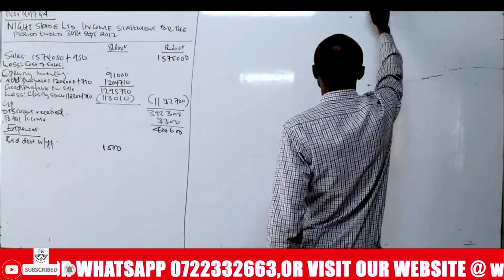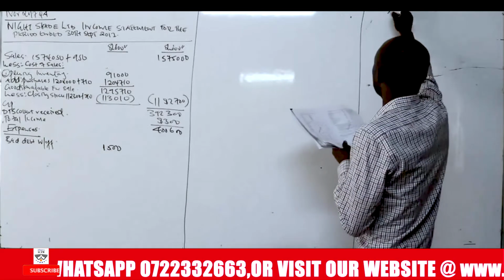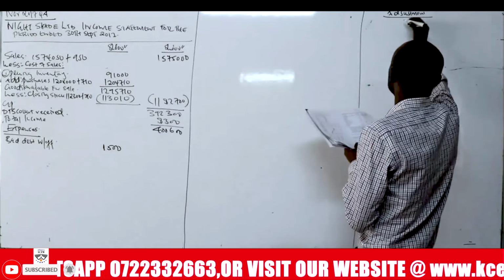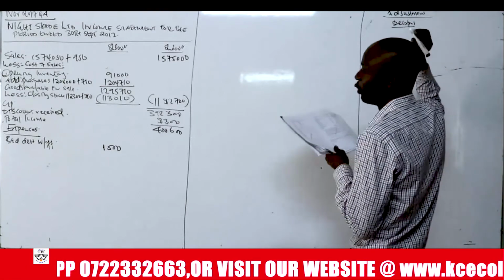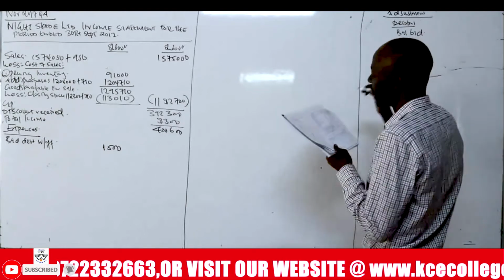Then we can have some adjustments here. So we have debtors. Debtors are those credit customers. So we have balance put down, the one that is indicated in the trial balance.